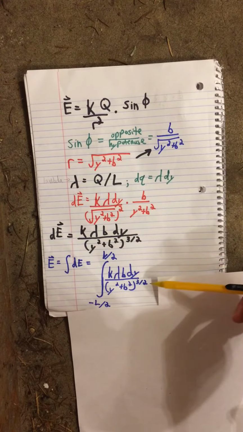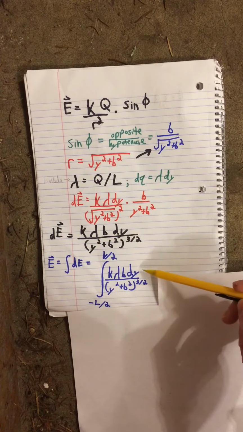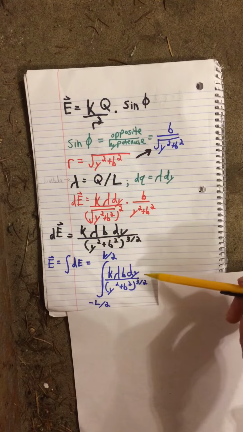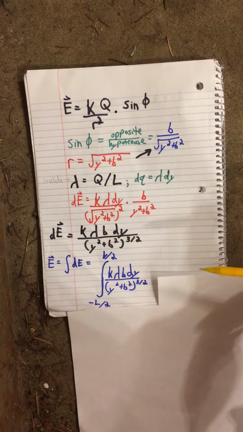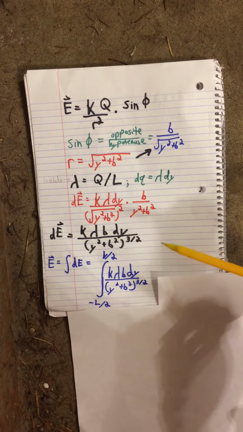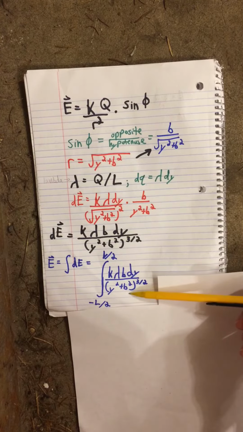My first idea was to do a u substitution, but as you can see, there's no y on top, and we're integrating with respect to y. There's no y on top that would have come from the chain rule, so we can't use a u substitution. My second thought was to try completing the square down here, but that just makes things more messy and complicated.